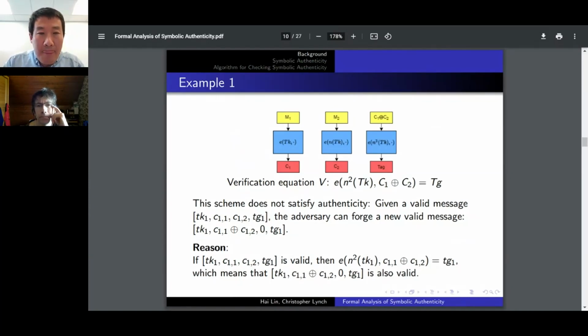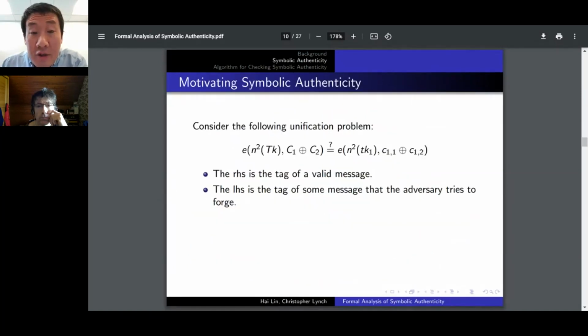So let me motivate the definition of symbolic authenticity using the example that I showed you on the previous slide. So the key is that we define symbolic authenticity in terms of a unification problem. So here's a unification problem where on the right-hand side, we have the tag of a valid message.